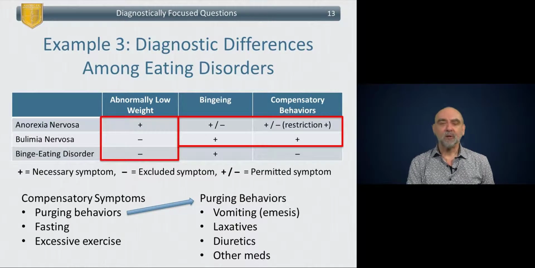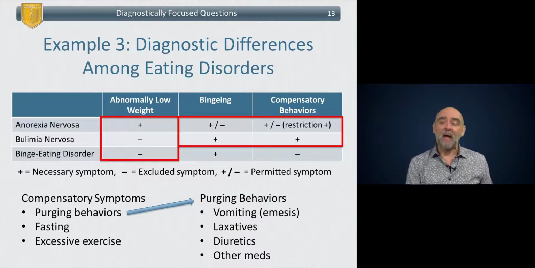So now let's look at the other part though. And this is very important for you to note too, because anorexia nervosa certainly can have binging behavior and also a lot of compensatory behaviors. Restriction is definitely required because you have to have low weight due to restriction, right? Restricting one's calories.